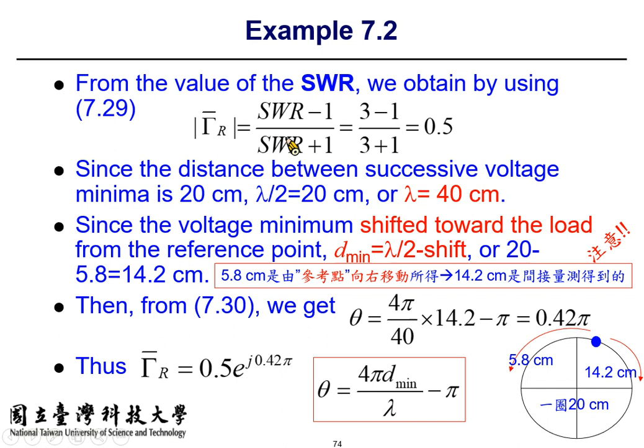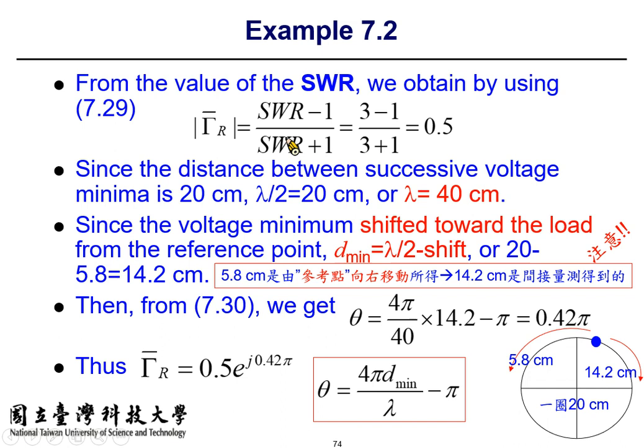So you have a standing wave ratio of 3. Once you have the standing wave ratio, you can calculate the magnitude of your reflection coefficient using the equation above. So 3 minus 1 divided by 3 plus 1, you end up with 0.5. So the magnitude of the reflection coefficient is 0.5.